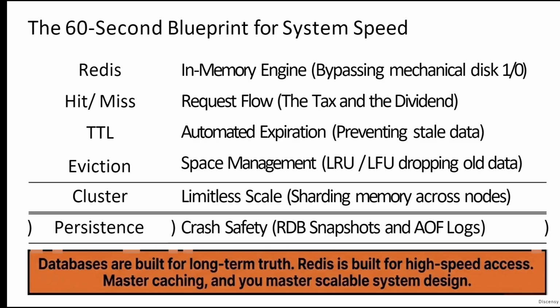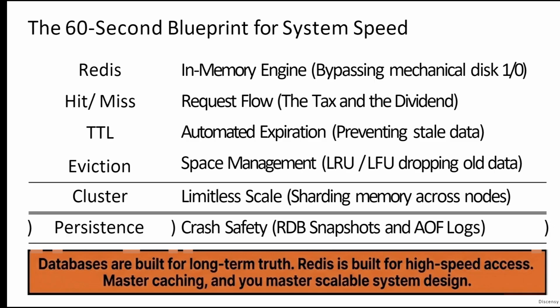The 60-second blueprint for system speed. So far, we're going to make a final overview of what we've discussed. Redis: an in-memory engine utilized for bypassing mechanical disk I/O. Then cache hit or cache miss based on request flow. Coming to TTL, automated expiration, preventing stale data.